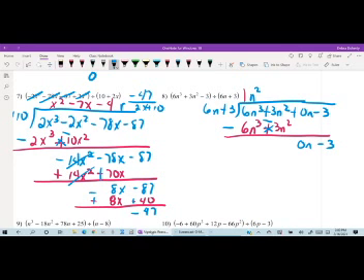So what's left is that subtract 3, that's our remainder, but it's being divided by 6n plus 3. So that's our remainder. Normally you would just put plus there. So our quotient is n squared plus negative 3 divided by 6n plus 3.